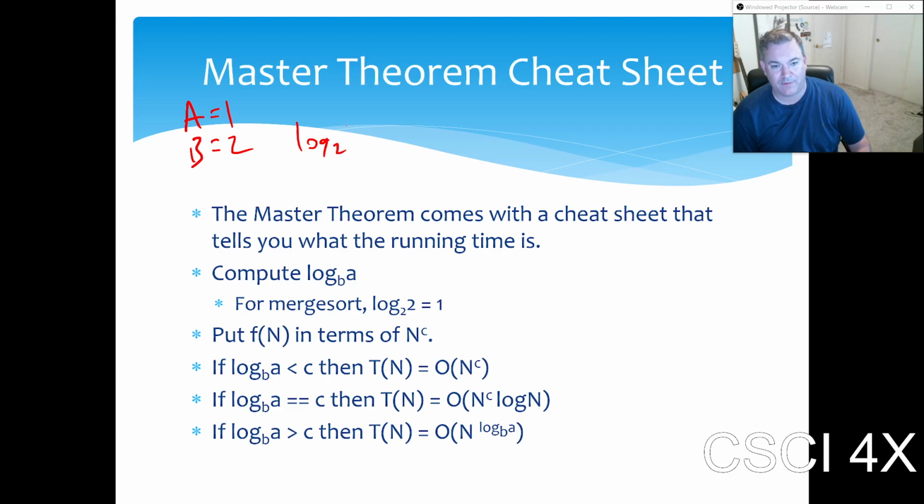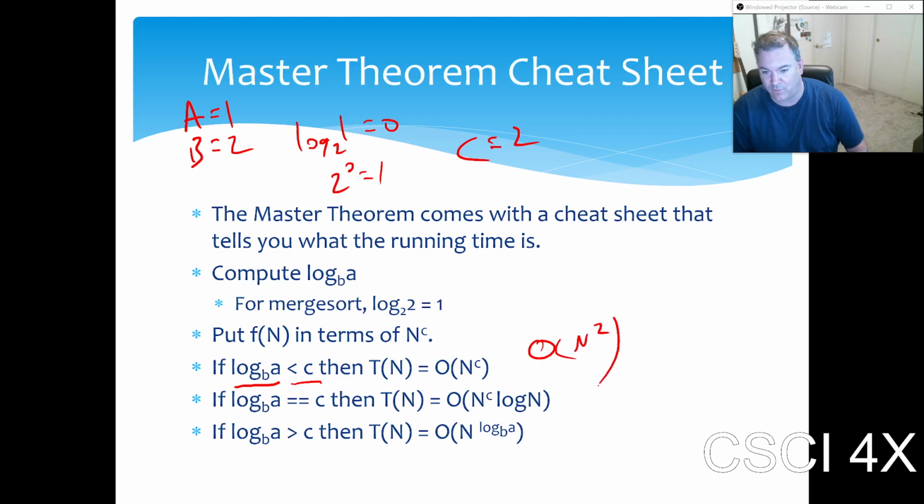The log base 2 of 1 is 0, because 2 to the 0th power equals 1. C is 2. And so we look down here, we see 0 is less than 2, so this is an order n squared algorithm. Okay.